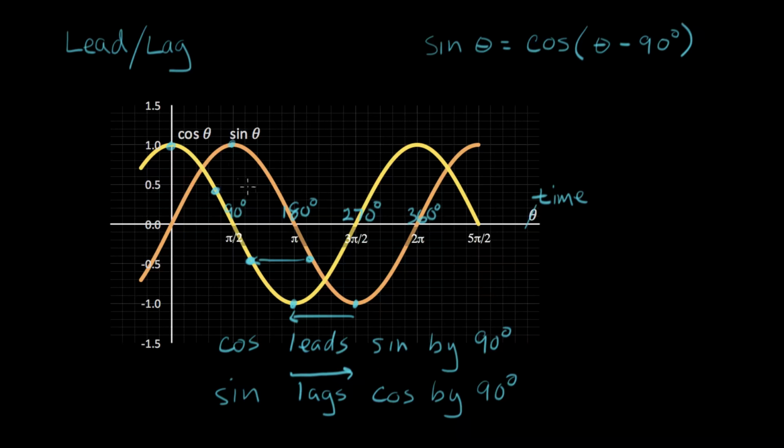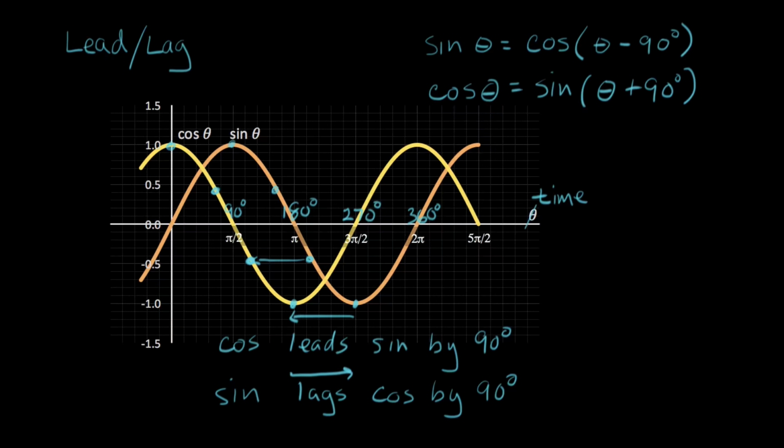If I add 90 degrees to the argument, the sine function will give me the same value. So what that says is cosine theta equals sine of theta plus 90. So these are two identities. We can use this to convert something expressed as a sine into a cosine, or vice versa.